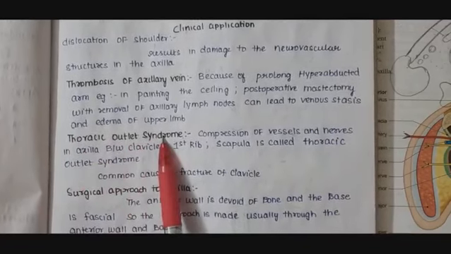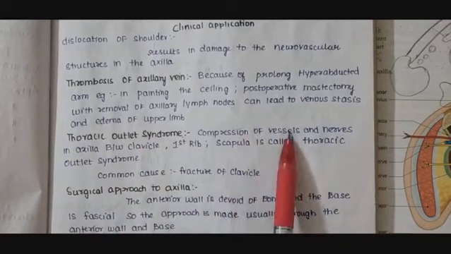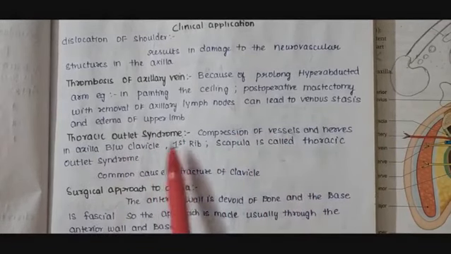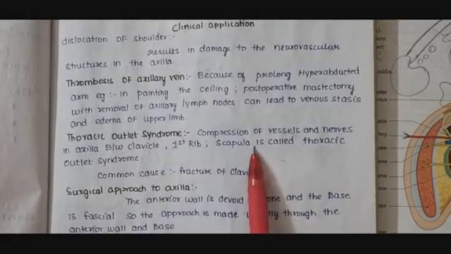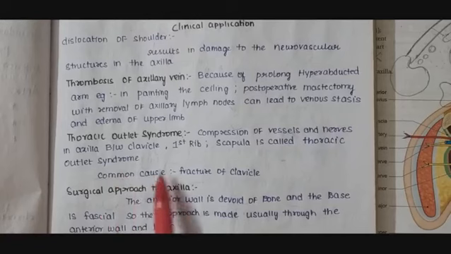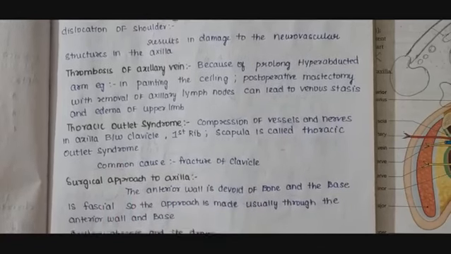Thoracic outlet syndrome, where the vessels and nerves in the axilla get compressed between the clavicle, first rib and scapula, is known as thoracic outlet syndrome. The common cause is nothing but the fracture of the clavicle.